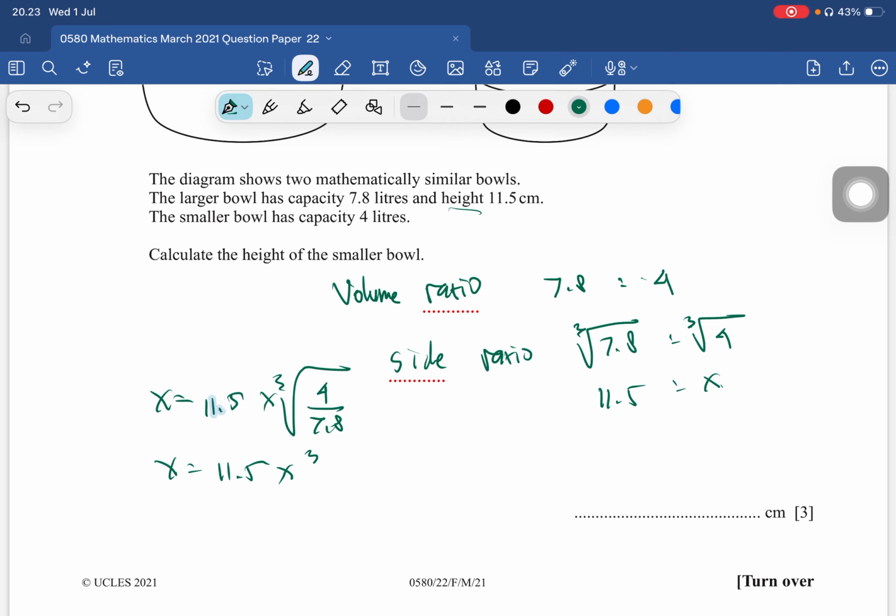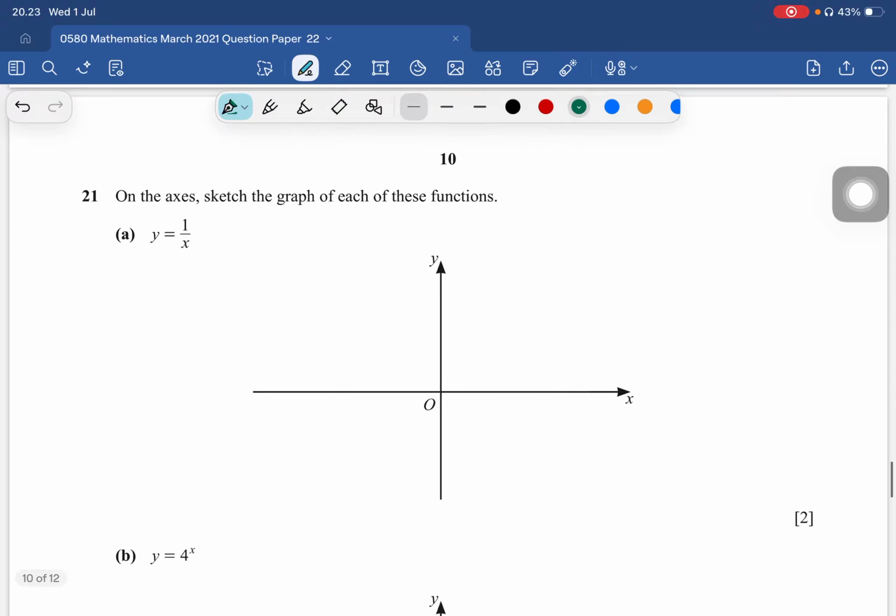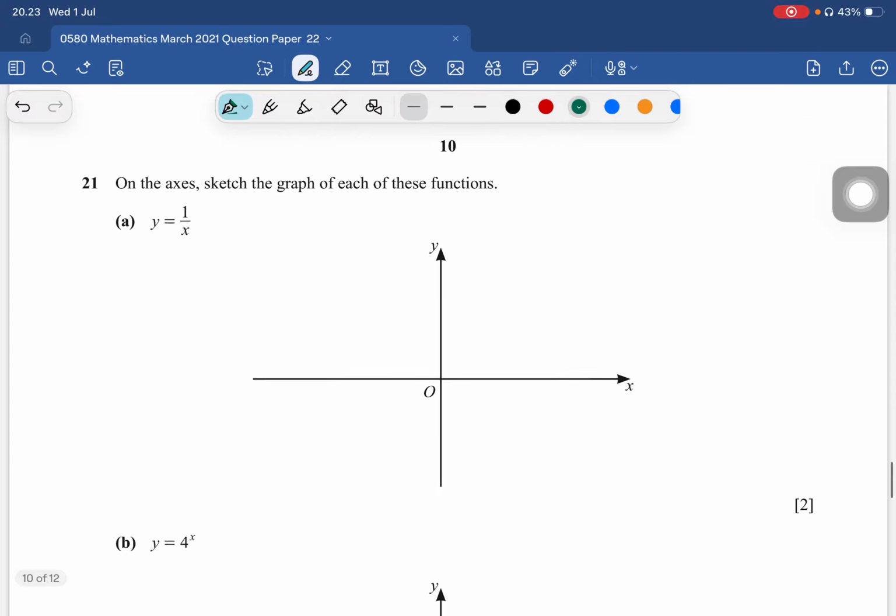Here is cube root of 4 divided by 7.8. Okay, let's take the cube root, and just multiply by 11.5 on your calculator. Then you will get 9.204.